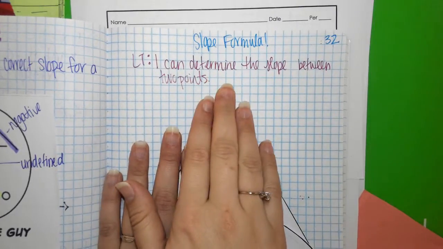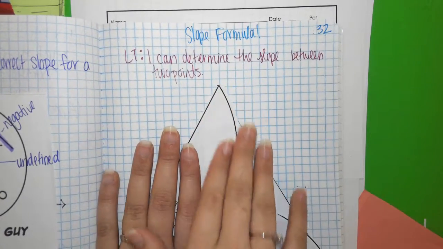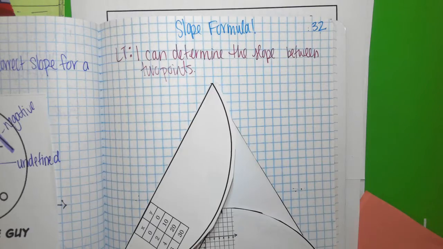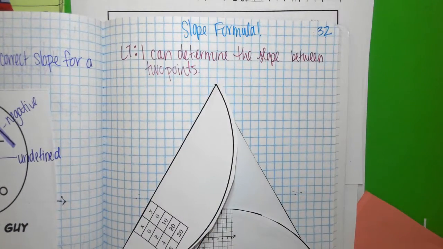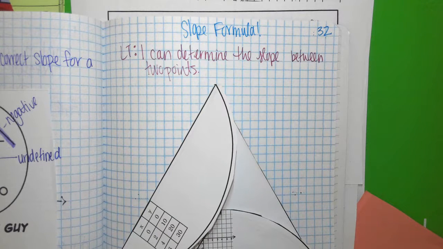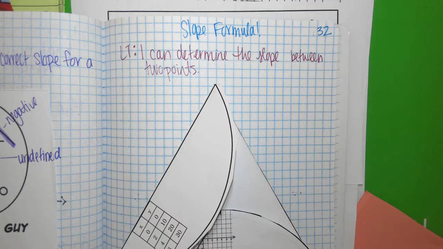Alright, so today, we're going to be determining the slope between 2 points. So, what is slope? It's the way a line moves, right? The way it falls.